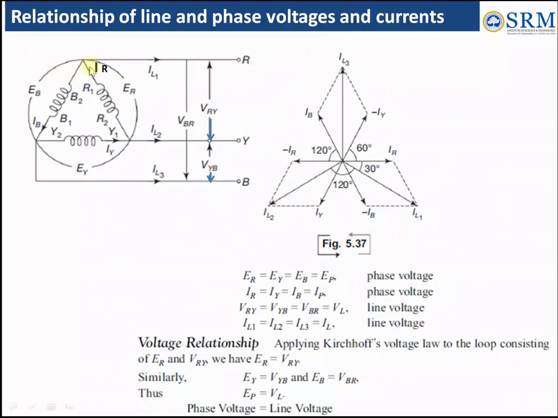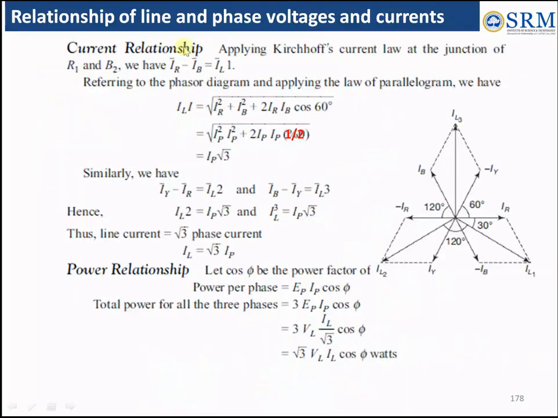Incoming current equals outgoing current. IR equals IB plus IL1. From that, IL1 we can write as IR minus IB.